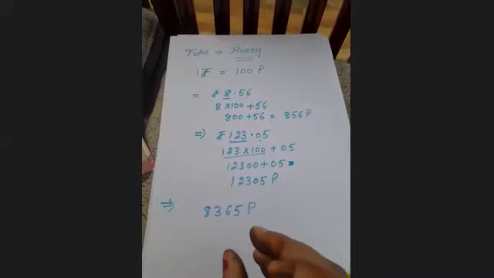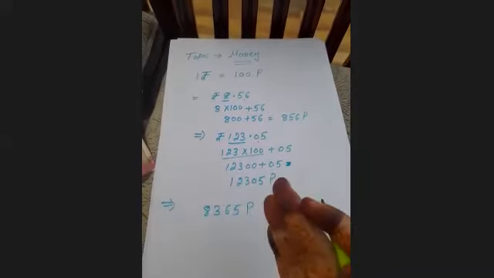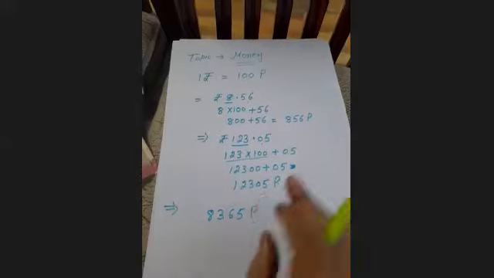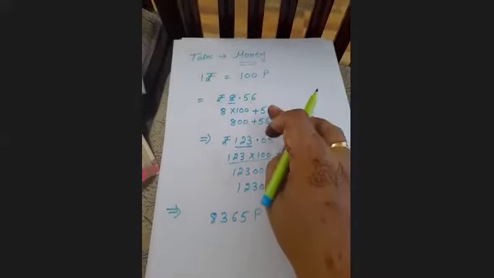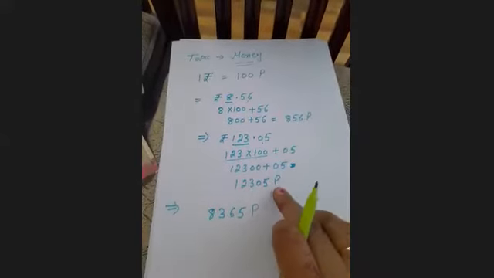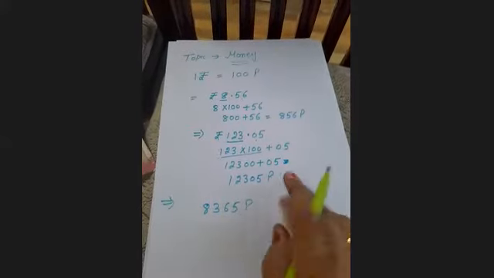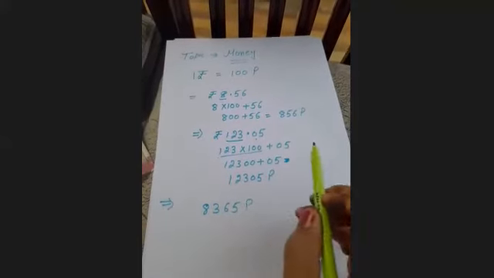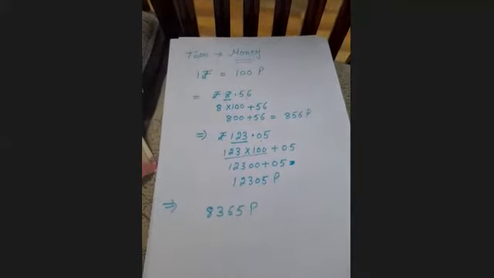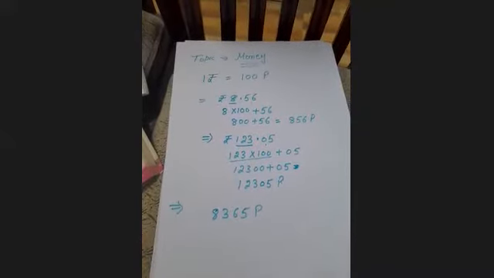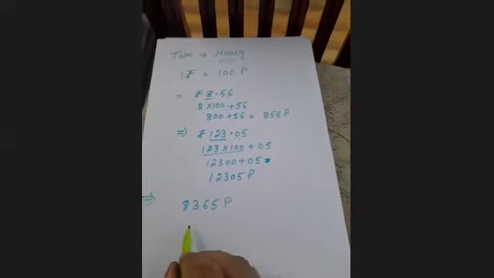When we convert paise into rupees, we will divide by 100. Simple method: when we convert rupees into paise, we will multiply by 100, and when we convert paise into rupees, we will divide by 100.